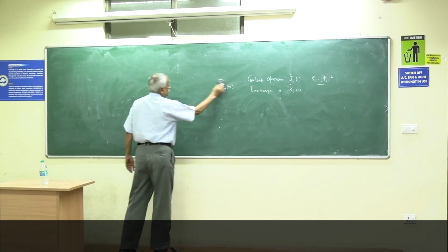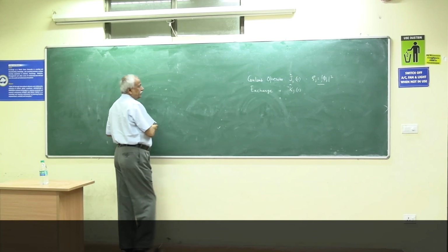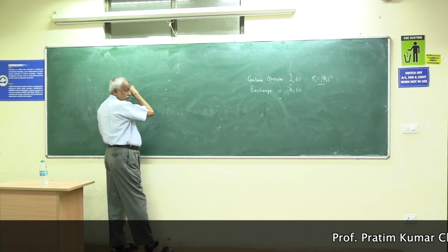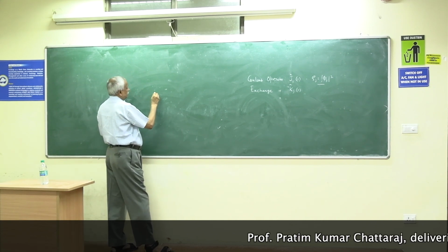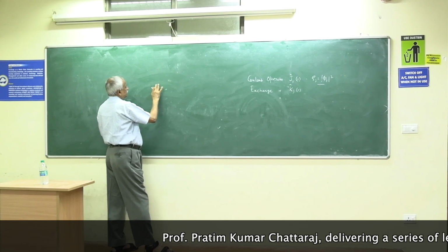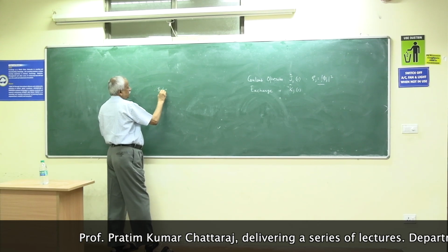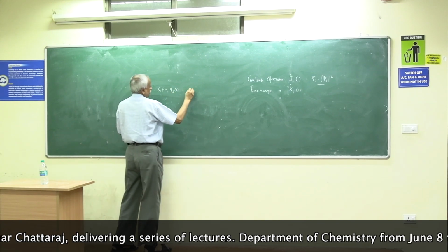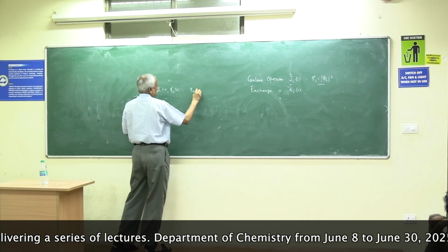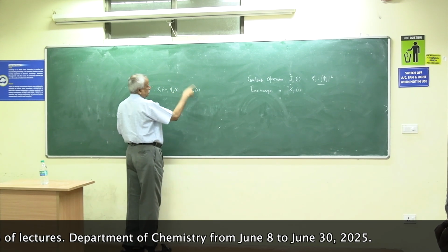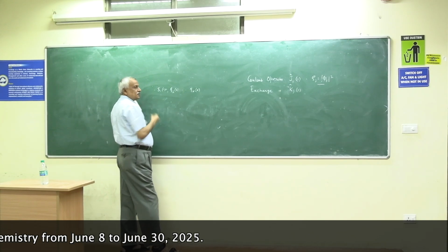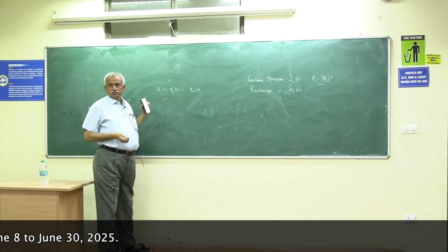So in the Hartree-Fock theory, what happens is it starts from a set of, let's say, xi1, xi2, up to xn. These are your spin orbitals, and you can start with the hydrogenic spin orbitals.